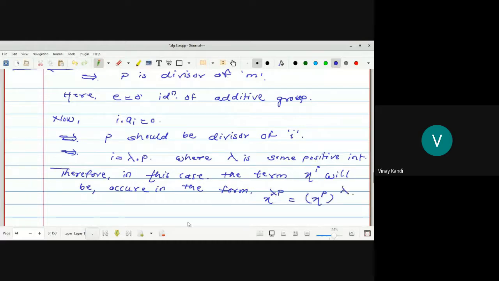Okay, so this implies the polynomial f of x is equal to g of x raised to p. म्हणजे प्रत्येक टर्म कशी येईल म्हणजे x raised to I ची टर्म x raised to p lambda. Okay, that is f of x is equal to g of x raised to p. Okay, any doubt?